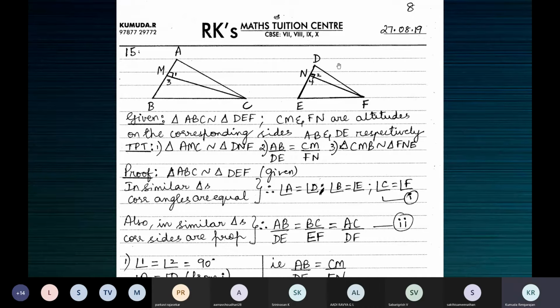So you cannot take CM here and say DN here. You cannot draw an altitude from D here, because that proportion will not be true. The altitude from C corresponds to the altitude from F, because C and F are the corresponding vertices.